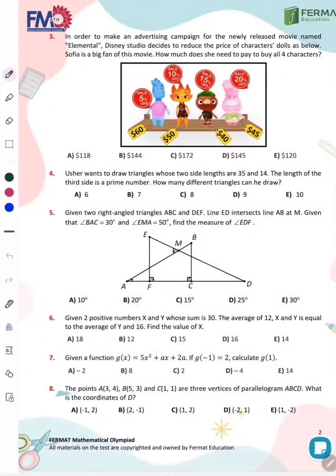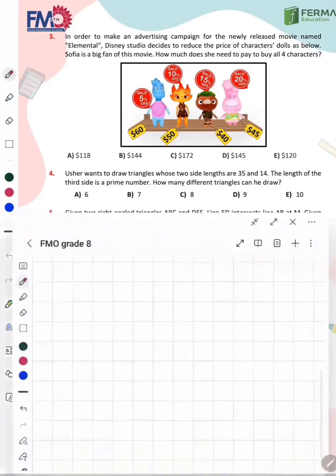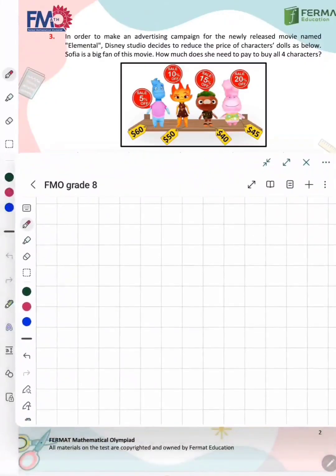Number 3. In order to make an advertising campaign for the newly released movie named Elemental, Disney Studio decides to reduce the price of characters' dolls as below. Sophie is a big fan of this movie. How much does she need to pay to buy all 4 characters? Alright, we see $60 is reduced by 5%.